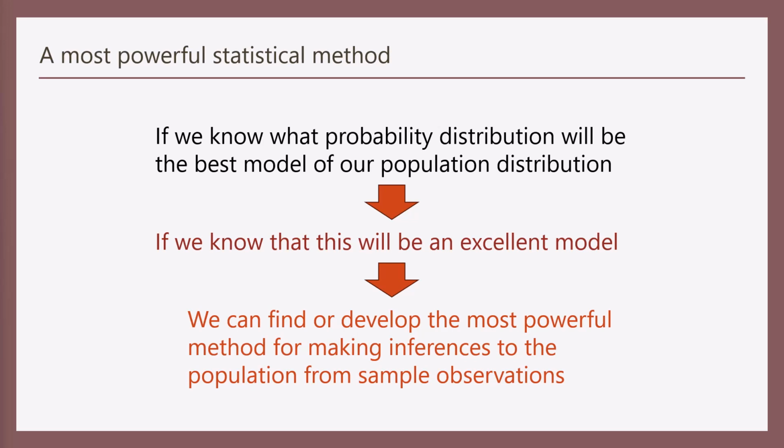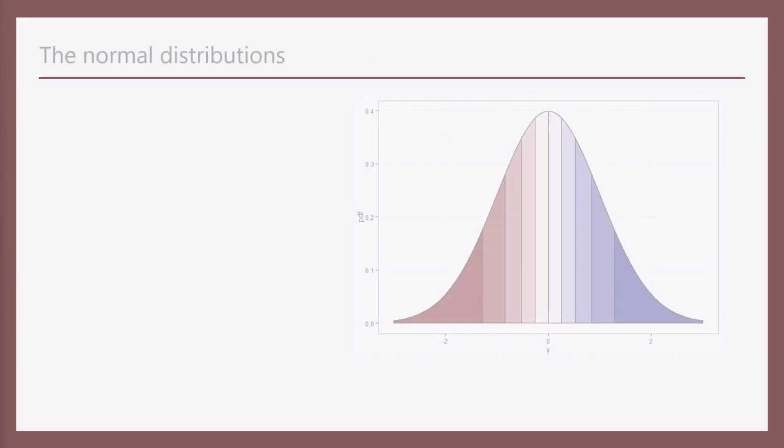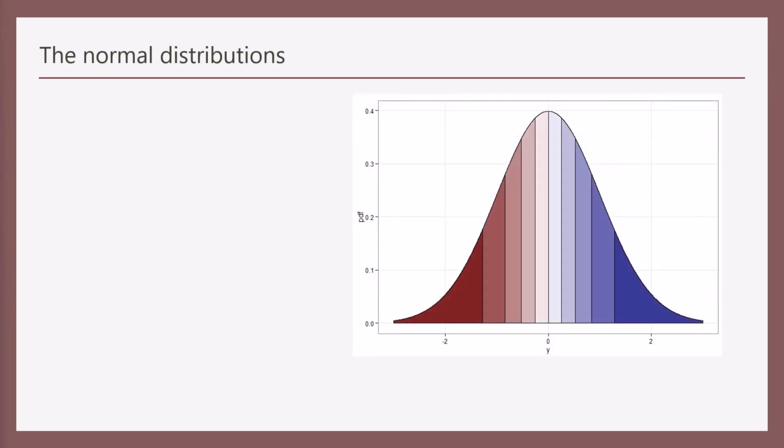In practice, the vast majority of parametric statistical methods use the normal distribution as the probability distribution model for our population data. There are several reasons why this is the case. Some natural data can be modeled nicely with a normal distribution. For example, consider the length of mammal babies at birth.